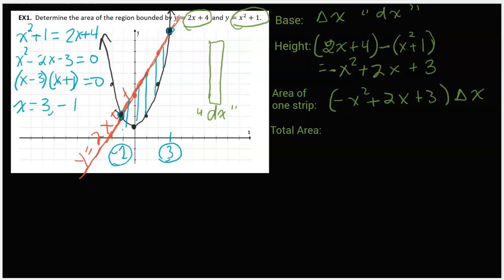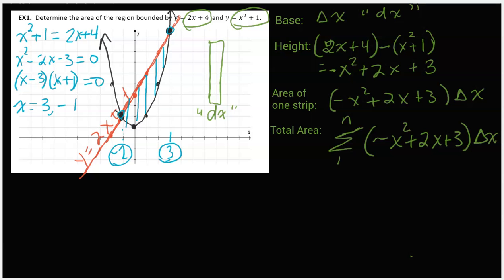And remember, what are we going to do? We're going to add them up, from 1 to n, of negative x squared plus 2x plus 3 times delta x.